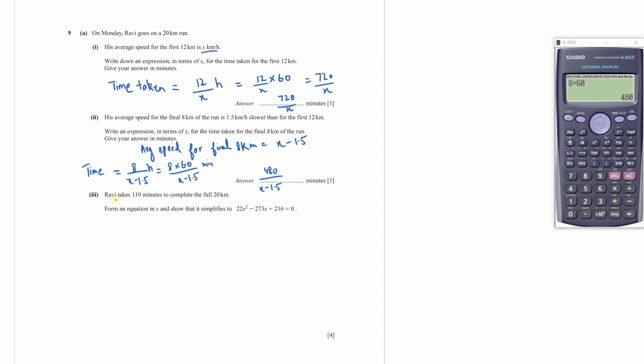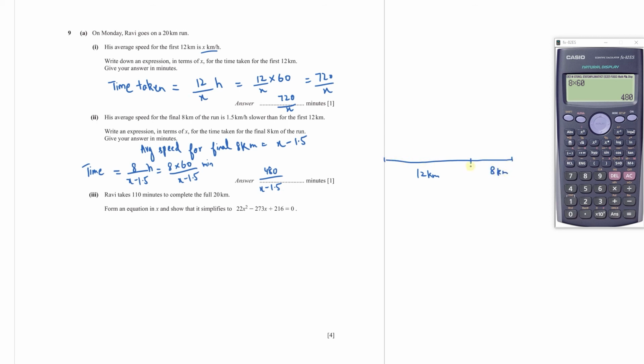Part 3 is, Ravi takes 110 minutes to complete the full 20 kilometers. Form an equation in x and show that it simplifies to this. So Ravi ran the first 12 kilometers and then another 8 kilometers.